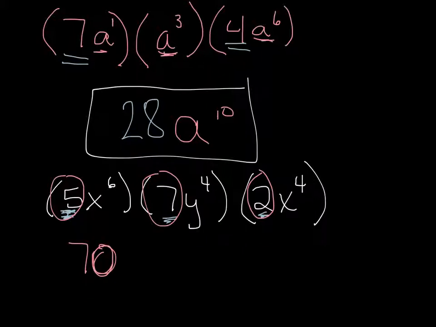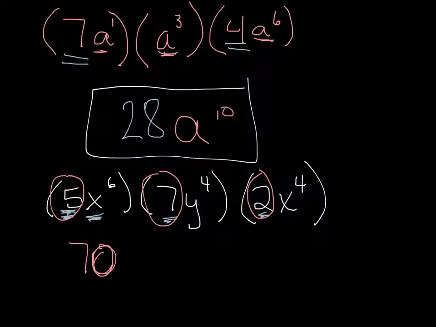Okay. Now we go back to our product rule for exponents, and we look for bases that are the same. We have an x and we have a y. We can't combine those, but we can combine the x's.